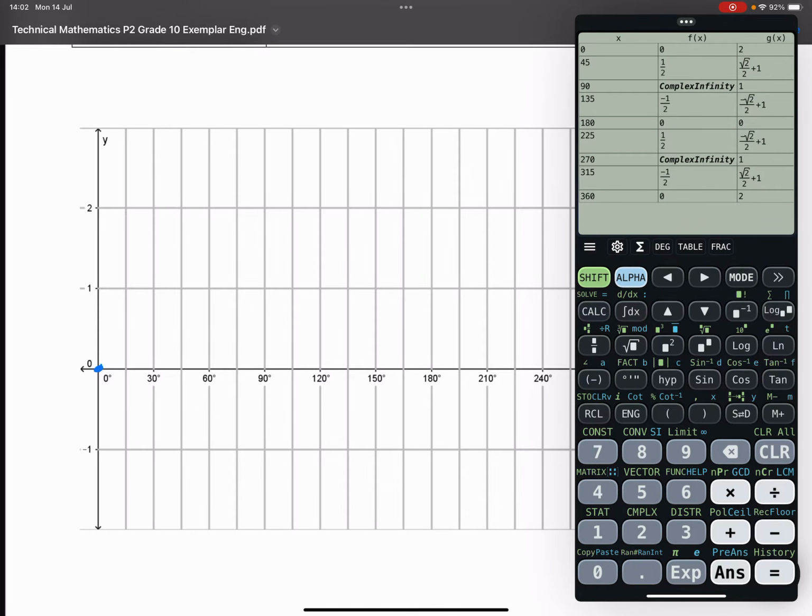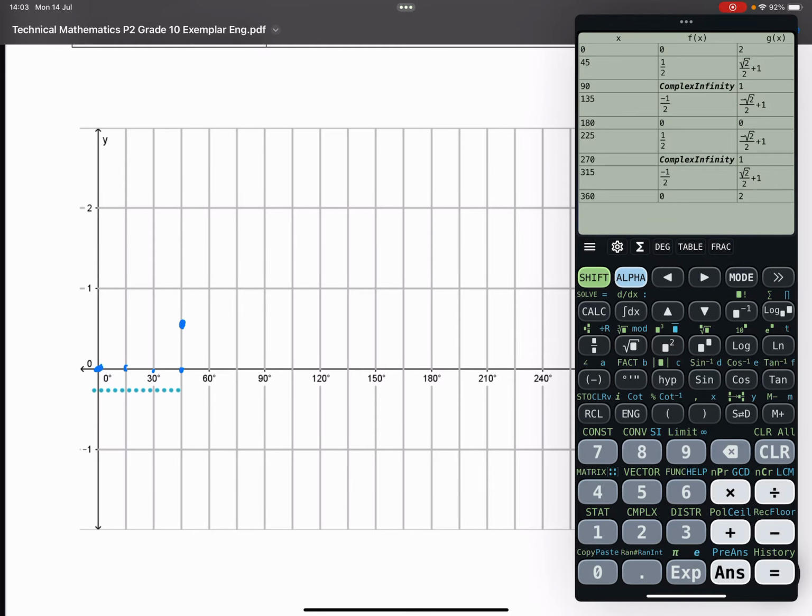So it tells me that for the graph of f of x at 45, so this would be 15, that's 30, that's 45 over there, my graph is equal to 1. Actually my graph is a half, not 1. So at 45, my graph is a half. So half would be somewhere there.